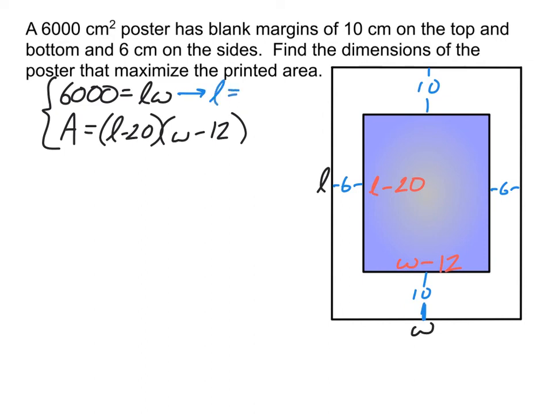So in this case, I find that L equals 6,000 over W. Now that I have that, I can substitute it back into here. But that looks like troubled waters ahead. That's going to give me a messy looking equation when I plug it in there.